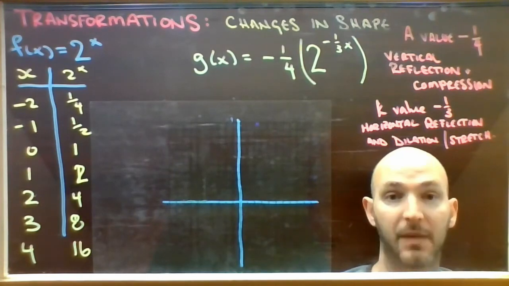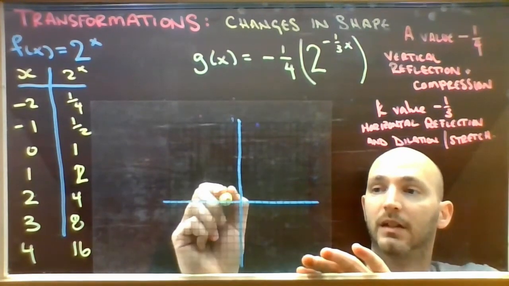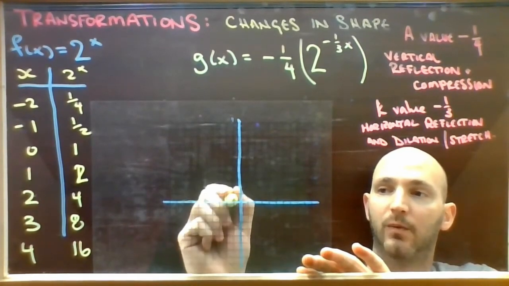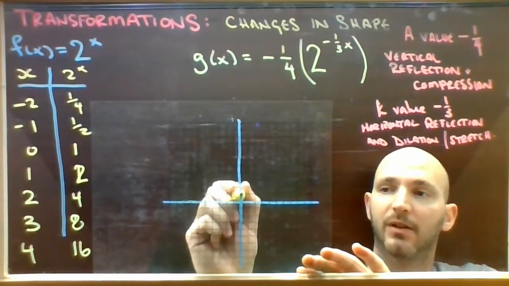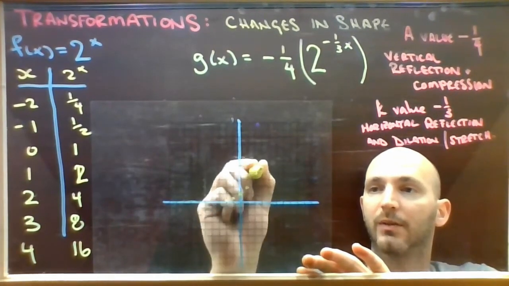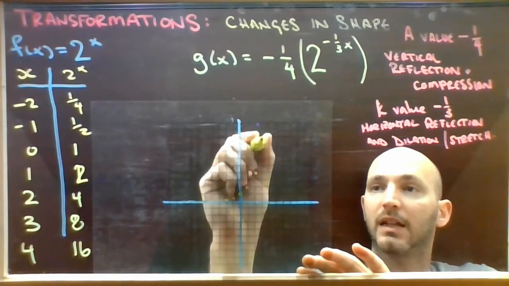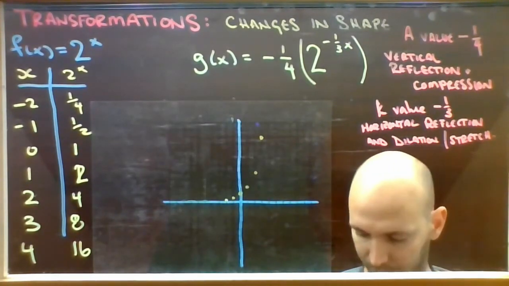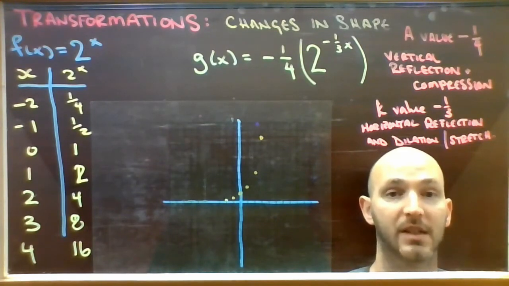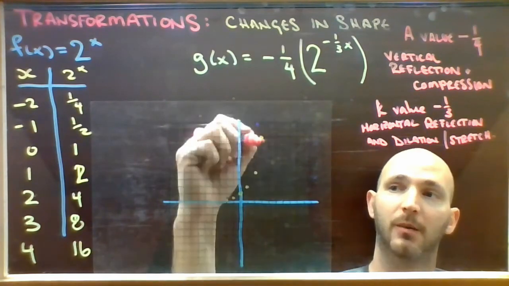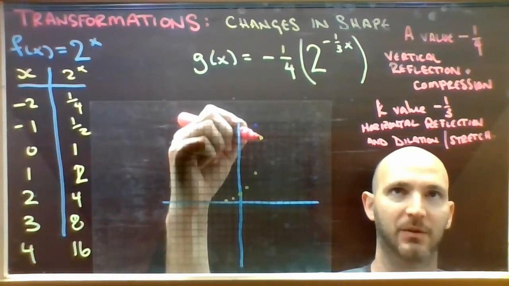And I'm going to map my basic pattern on there. -2 and 1/4, -1 and 1/2, 0 and 1, 1 and 2, 2 and 4, 3 and 8, and 4 and 16. So we're going to do these dots one at a time. Start with this one, just because it's up and in the way.